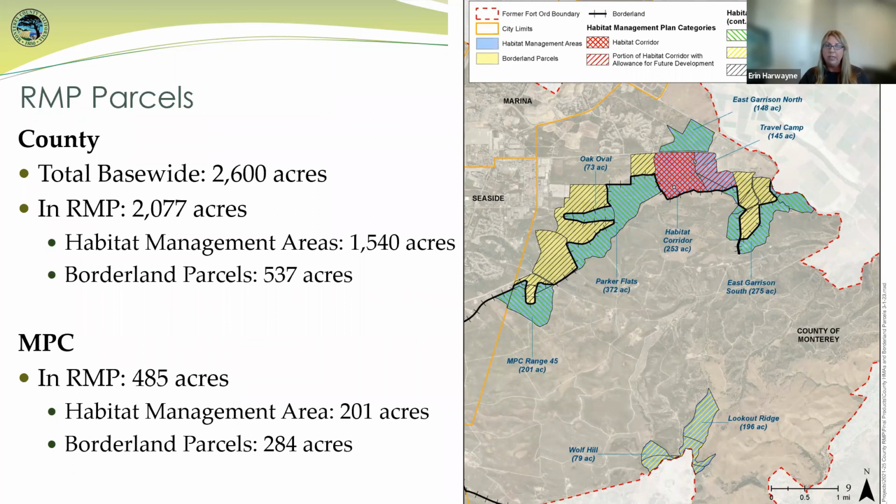It's about 1,540 acres of habitat management areas, and then these yellow borderland parcels account for about 537 acres. For the MPC, Monterey Peninsula College areas, they have a reserve of about 201 acres, this kind of U-shaped parcel down here on the lower left, and a few borderland parcels to the north of that reserve area.